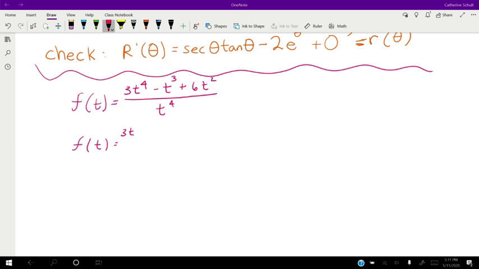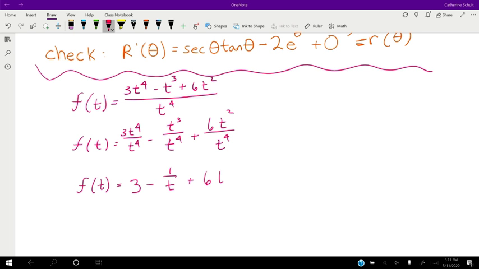So 3t to the fourth divided by t to the fourth, minus t cubed divided by t to the fourth, plus 6t squared divided by t to the fourth. And then we can use some exponent rules, or just cancel out. So we have 3 minus 1 over t, and then plus 6 over t squared. I'm going to write it like this, though, t to the negative 2. I put the t down below because we're finding the antiderivative, and that's a special case.